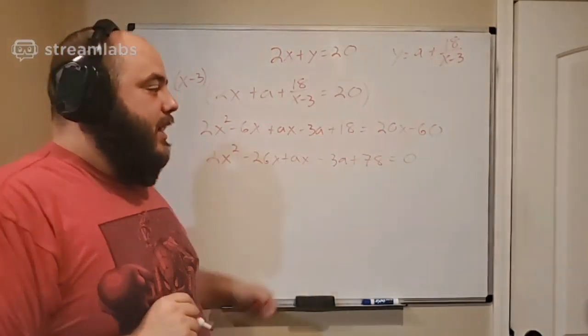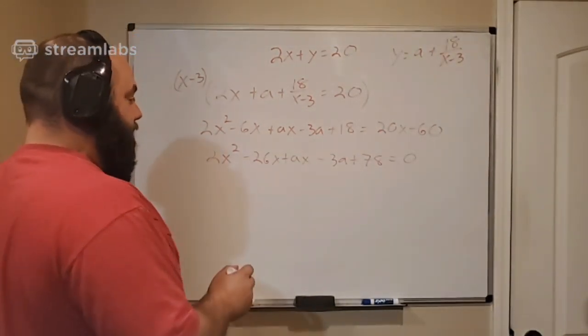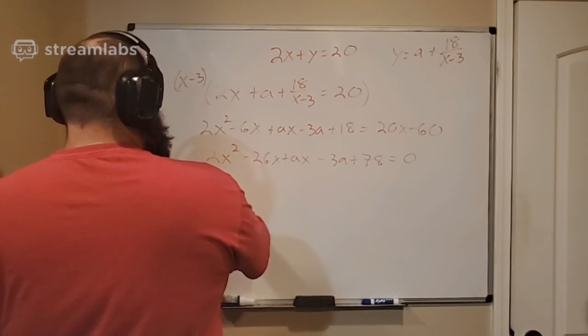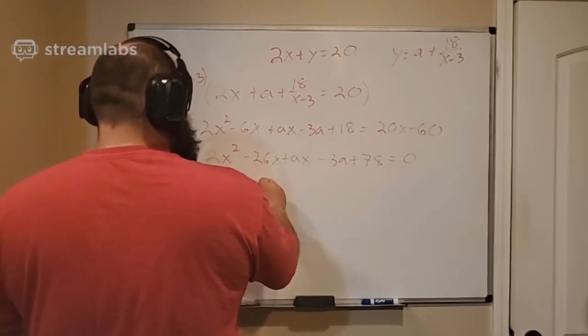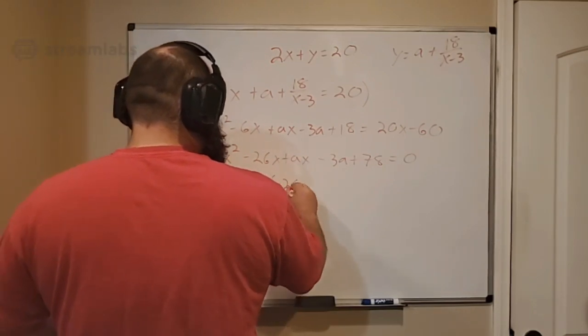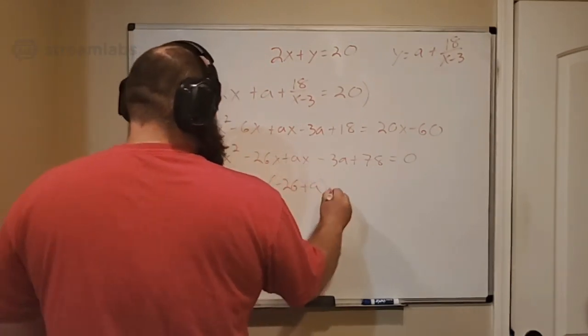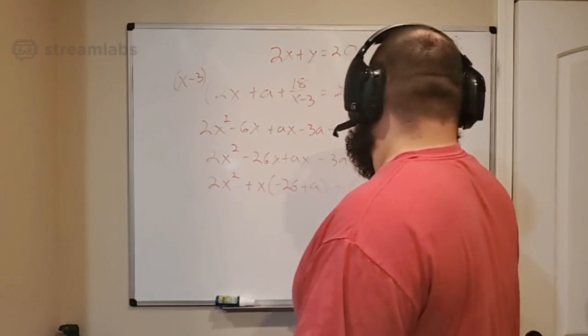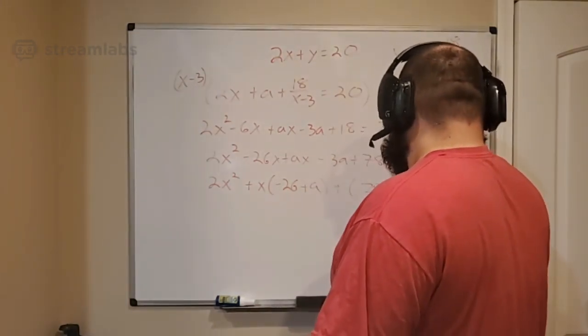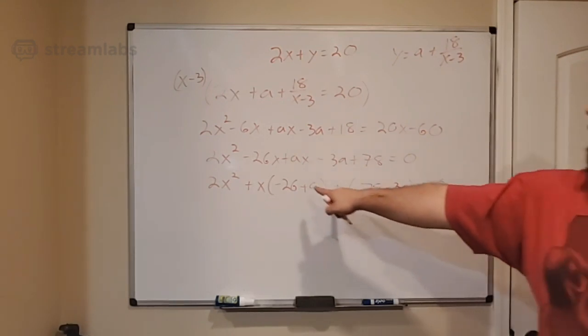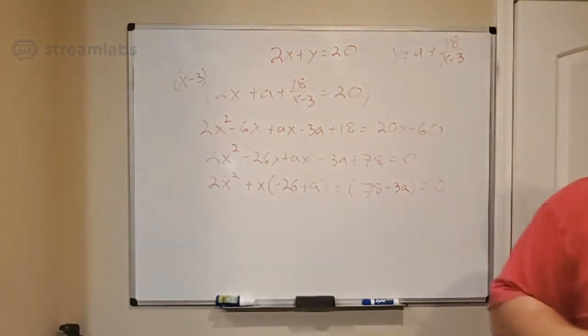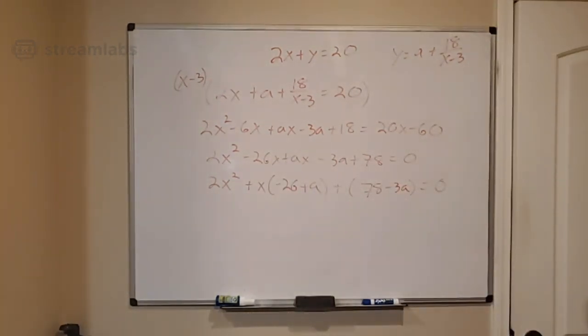So the way I would do it is 2x squared plus x times negative 26 plus a, plus 78 minus 3a. Especially using the parentheses, so the first thing you should notice is I factored an x out of the 26x and the ax, and I also rearranged the back side just to make it a little easier on myself, because I don't want to have problems with negatives.